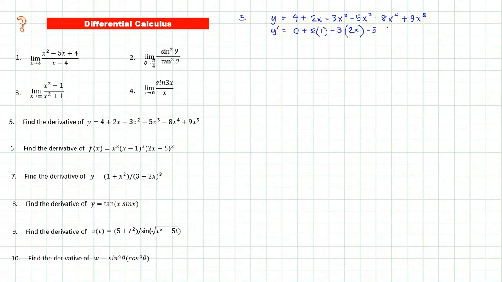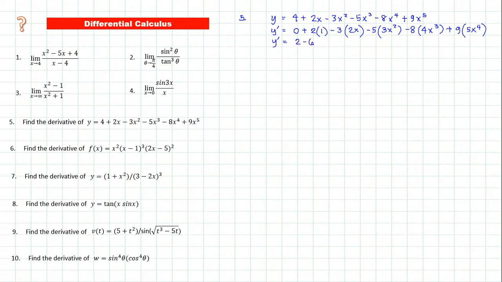Minus 5 times derivative ng x cubed ay 3x squared, minus 8 times the derivative of x to the fourth is 4x cubed, right? Plus 9 times the derivative of x to the fifth power is 5x to the fourth. All right?